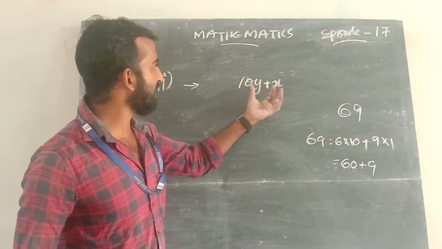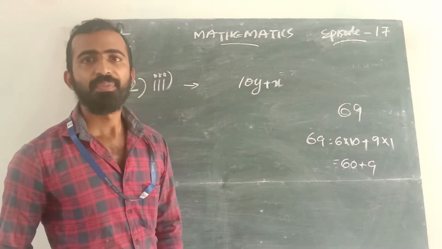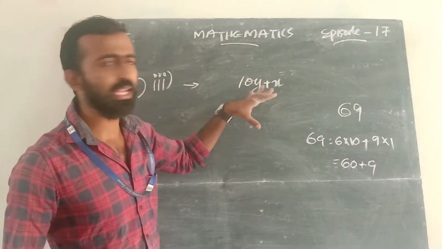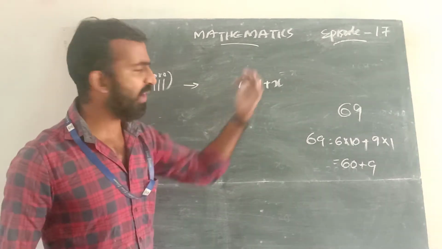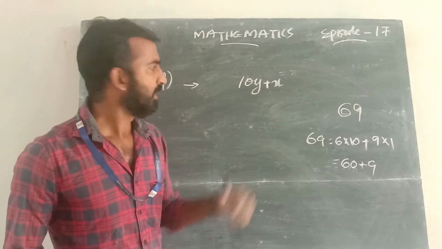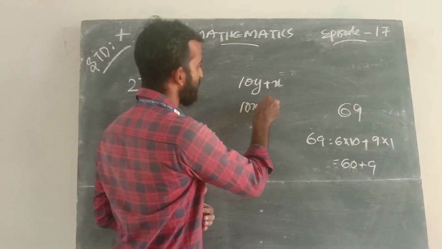So when we take the number as 10y plus x, x is in the 1's place and y is in the 10's place. When we reverse the digits, we can write 10x plus y.